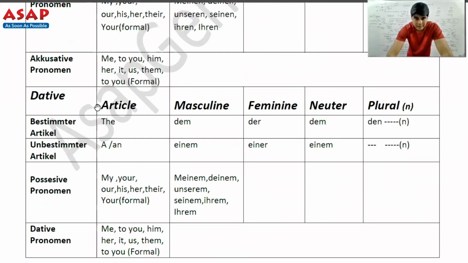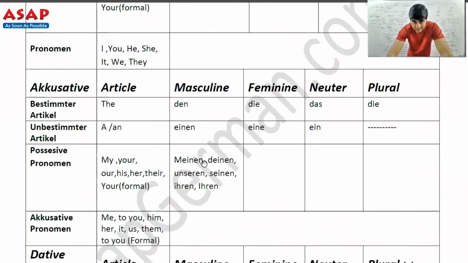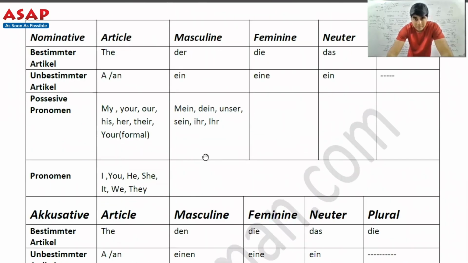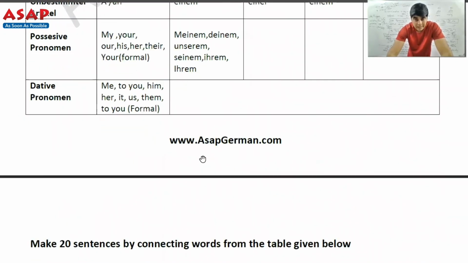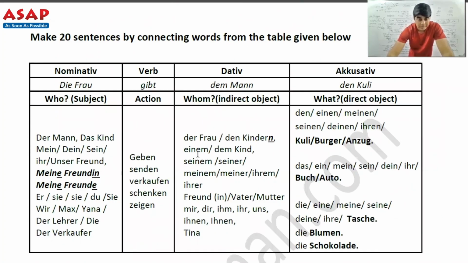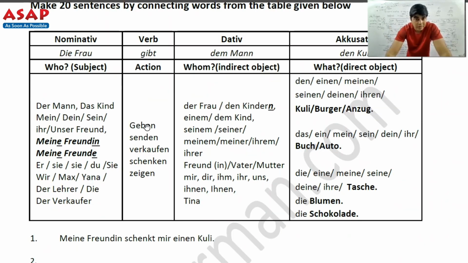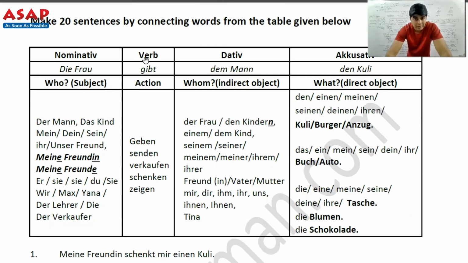So you need to complete this table, where you will write all these articles here in your book. And then your homework for today. If you don't do this, tomorrow's topic will be a very difficult part for you. Don't ignore this exercise. No matter how busy you are, sleep 1 hour less today, but you must complete this exercise.